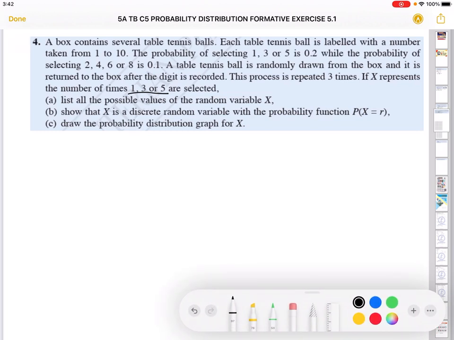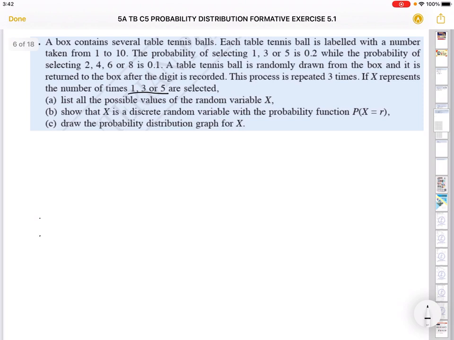So let's say 1, 3, 5 we can call A. A represents the event of getting number 1, 3 or 5. Now A bar is the event of not getting 1, 3, 5. We know the probability of getting 1, 3, 5 is 0.2. Everything else will be 0.8. So this is your first draw.